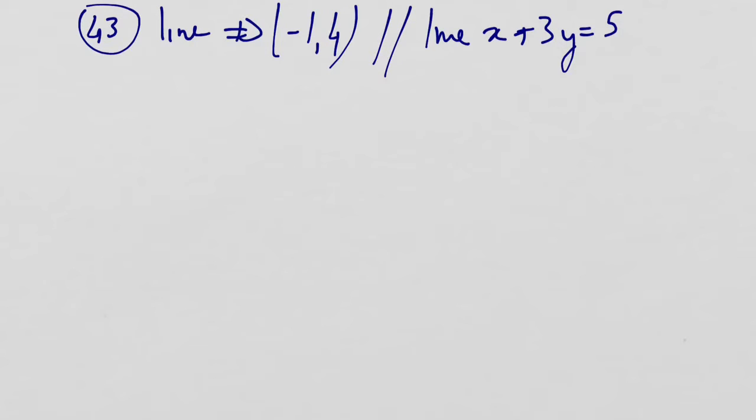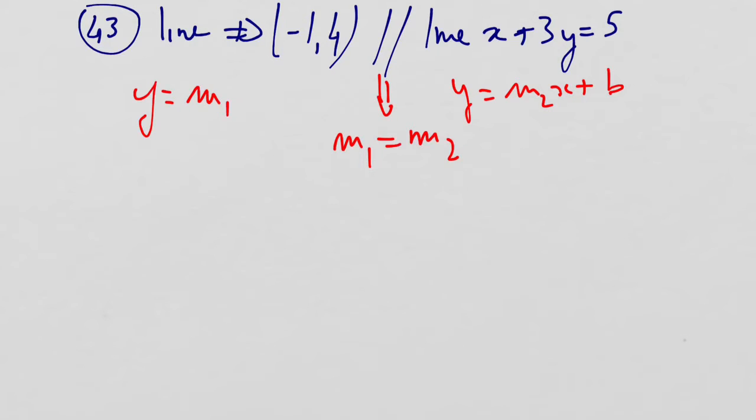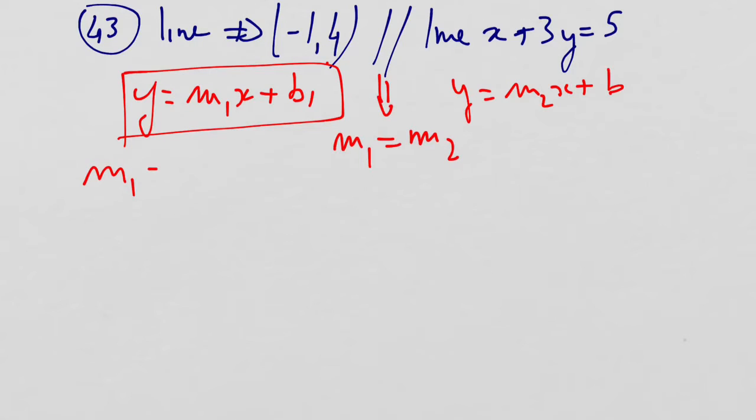So, first of all, because it's parallel, the slope of line number 1 is equal to the slope of line number 2. Obviously, line number 2 is not expressed as y equal m2x plus b2, and you are looking for y equal m1x plus b1. So to define this equation, what you are looking for is the value of m1 and the value of b1.